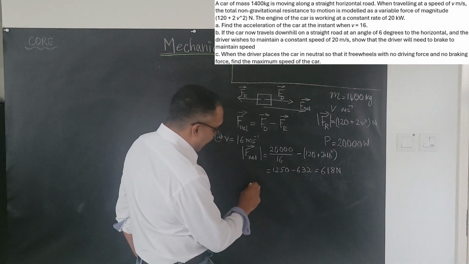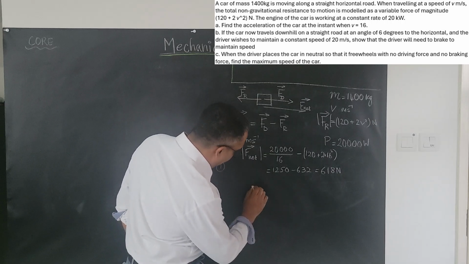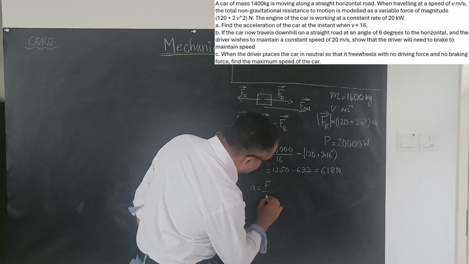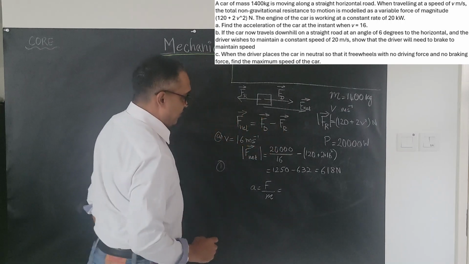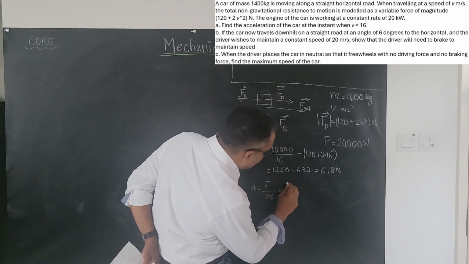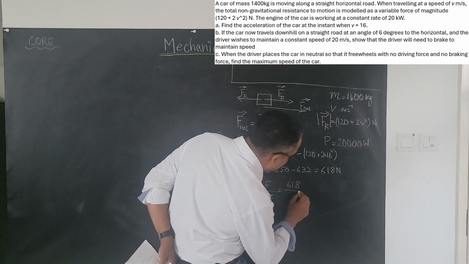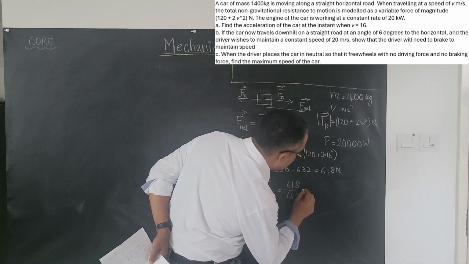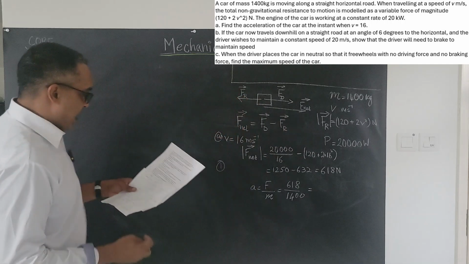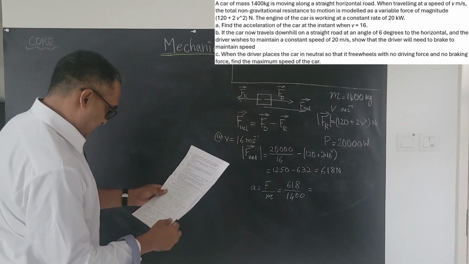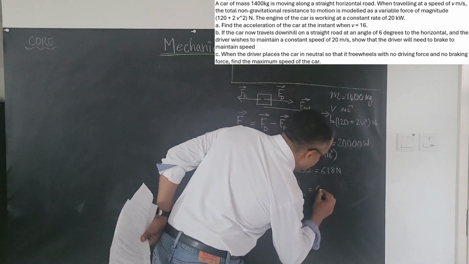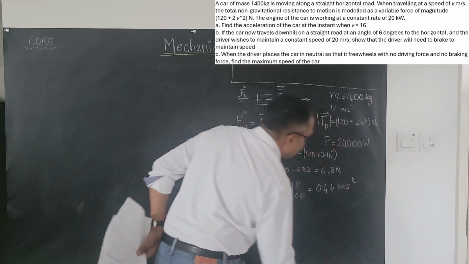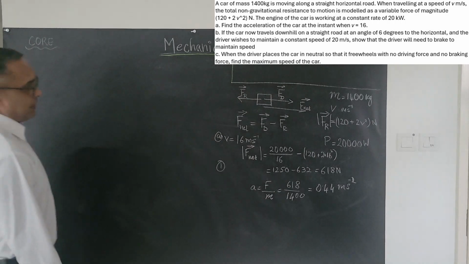I also know that acceleration is equal to force by mass, which means at this force, 618 divided by a mass of 1,400, I should have, again, my math is not entirely, I did this really quickly, 0.44 meters per second squared. That should be your equation.